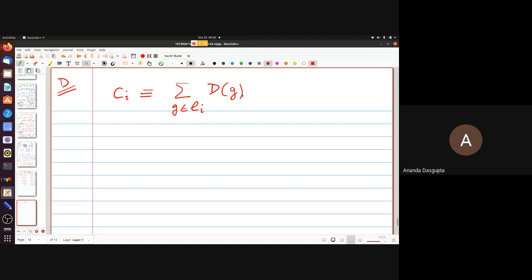That's the ith class matrix for a particular representation. Everybody with me so far? D is any representation, so every group element has a corresponding matrix. You just add up the matrices corresponding to elements belonging to the same class. That's how you get the class matrix. Is it okay?